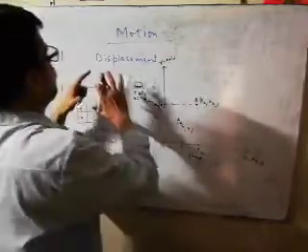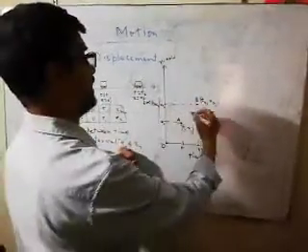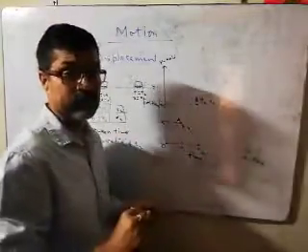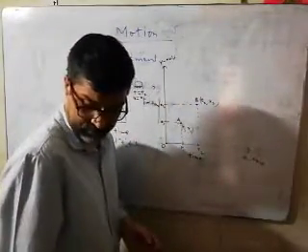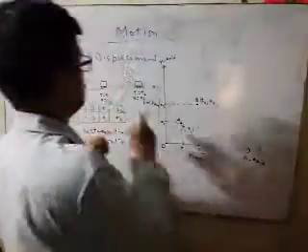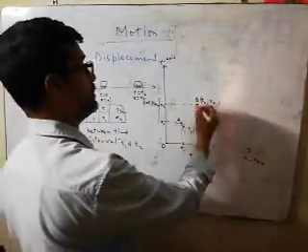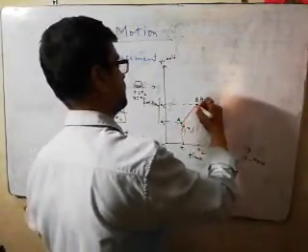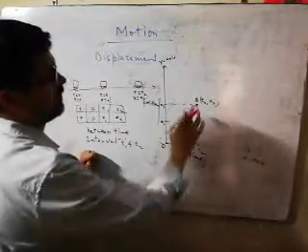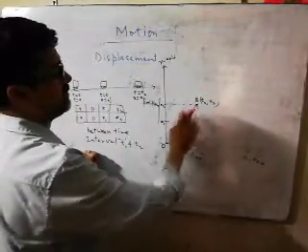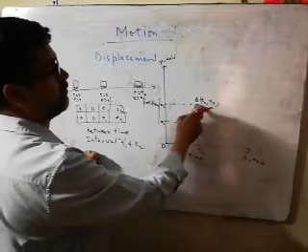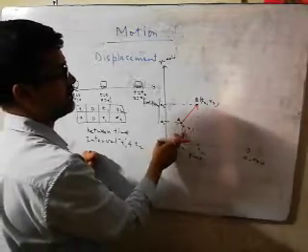So, according to the definition of displacement, it is the line joining the initial to the final position. So, what is the line joining from A to B? This is the line joining the initial position to the final position between time interval t1 to t2.